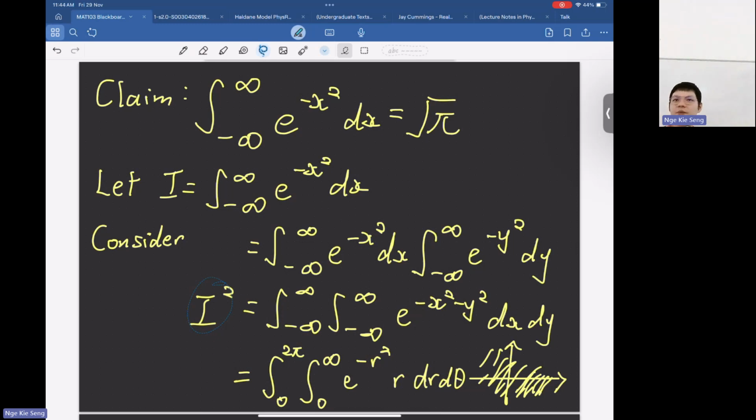Maybe you need to use improper integrals to extend the result for Fubini's. How many limits do you need? 4 limits. You need to take this to negative infinity, this one to infinity, this one to infinity.